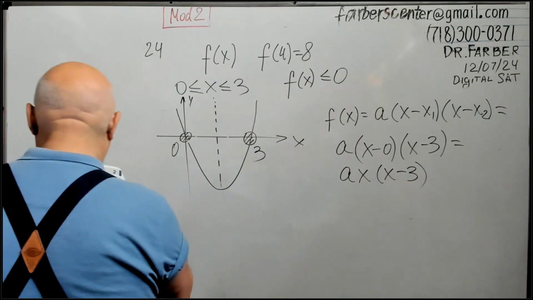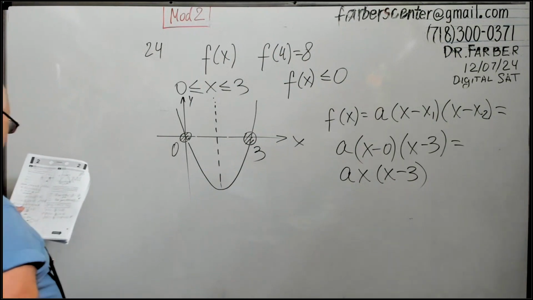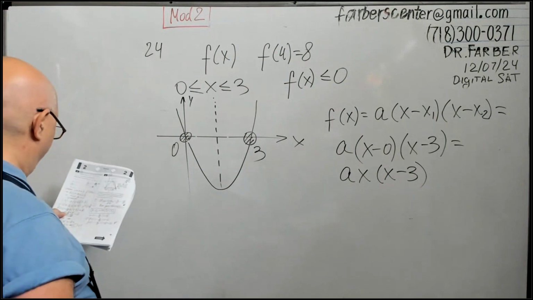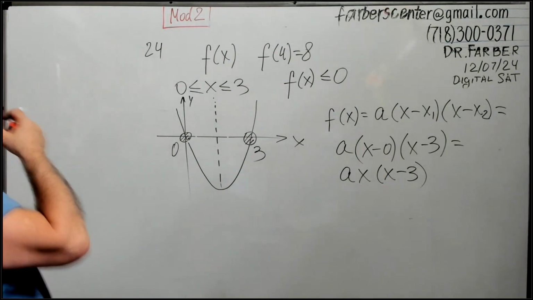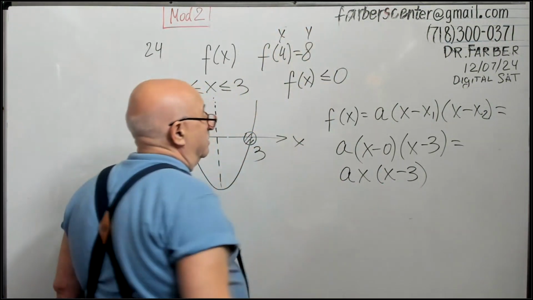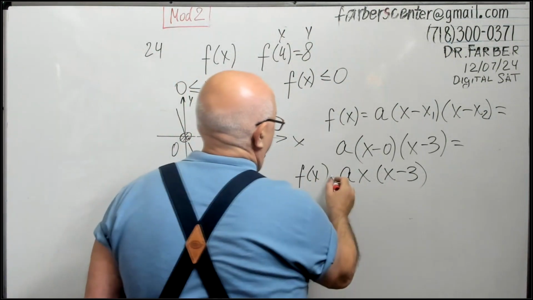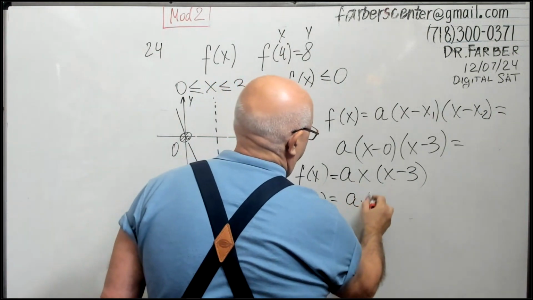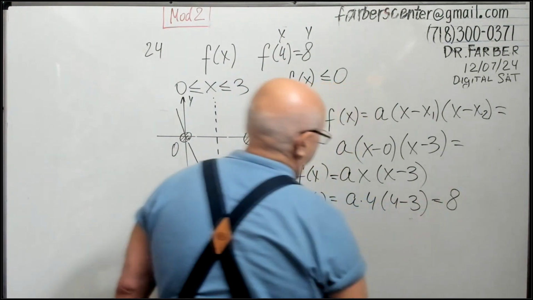Look again at what we have here. They ask which form. And they said f of 4 equals 8. Beautiful. So when x equals 4, y equals 8. So f of 4 equals a times 4 times 4 minus 3, and this equals 8.